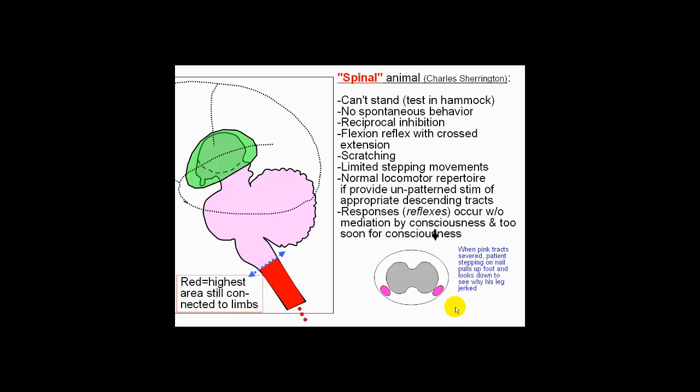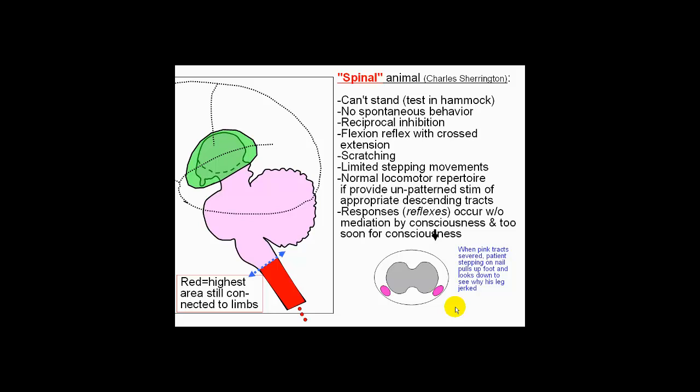In the earliest days, the way neuroscientists figured out what the different parts of the brain did was by chopping bits off and seeing what the animals with what they had left could and could not do.